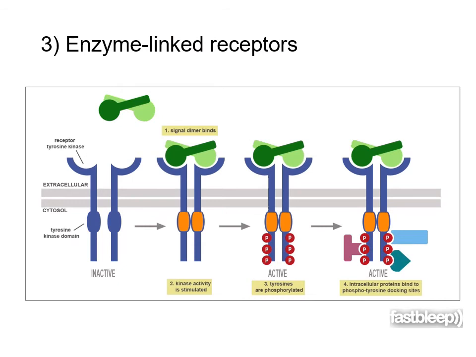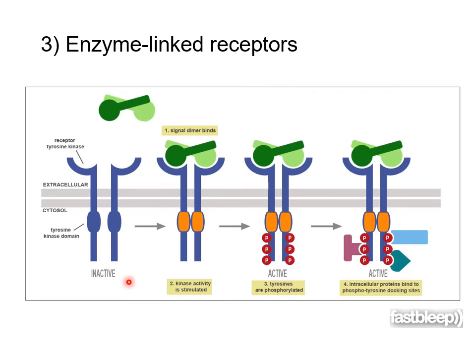So now let's move on to the enzyme linked receptors. These receptors, just like G protein receptors, have an extracellular binding site where a ligand, typically a hormone or a growth factor, can attach and then stimulates an enzymatic activity inside the cell.